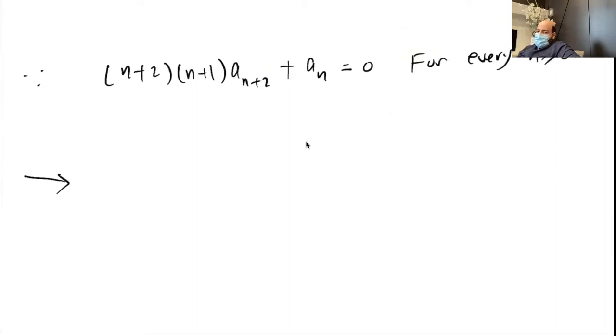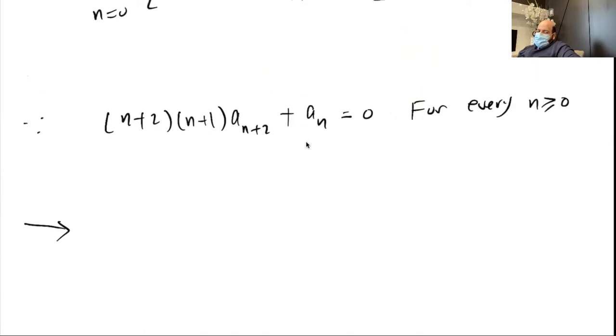Remember, the goal of substituting back, writing as a power series function and substituting back, is to find a recursive relation for a_n, which means a relation that gives a_n, or let's say a_(n+2), in terms of the previous ones. Then we can use the recursive relation to find, in the case of second order, all the a's in terms of a0 and a1.